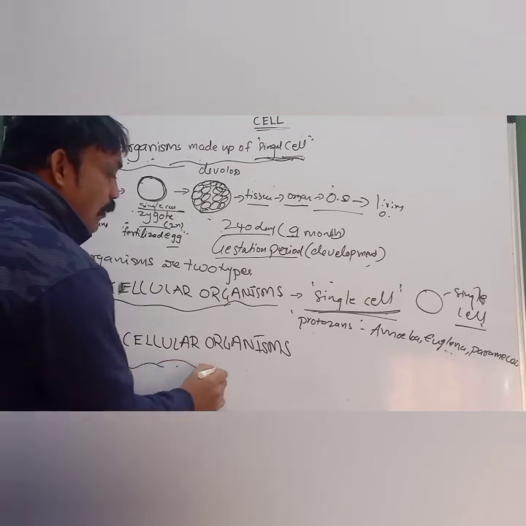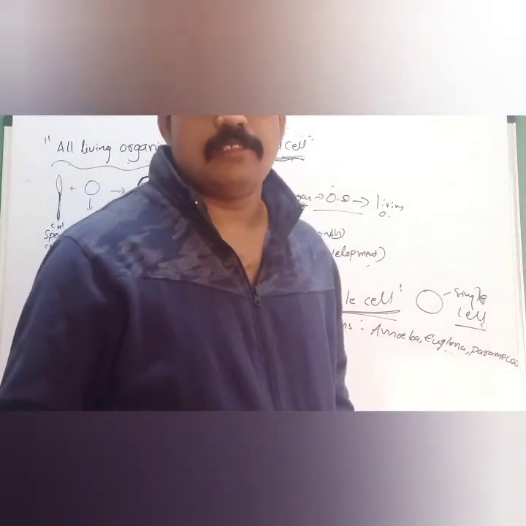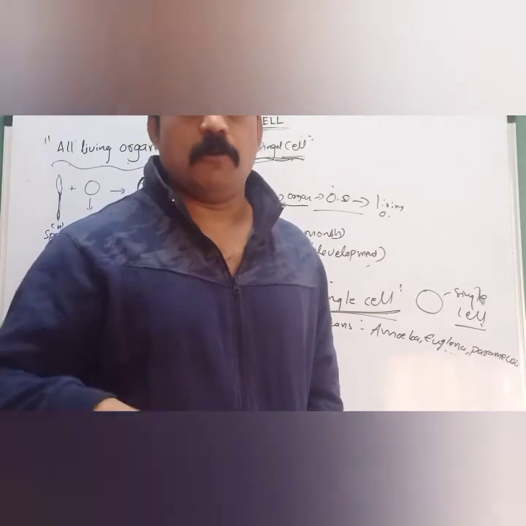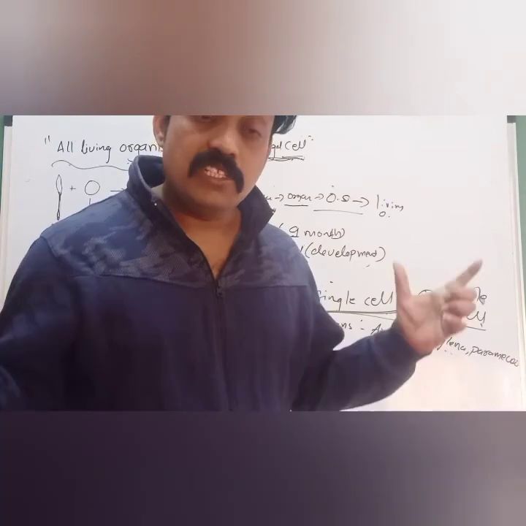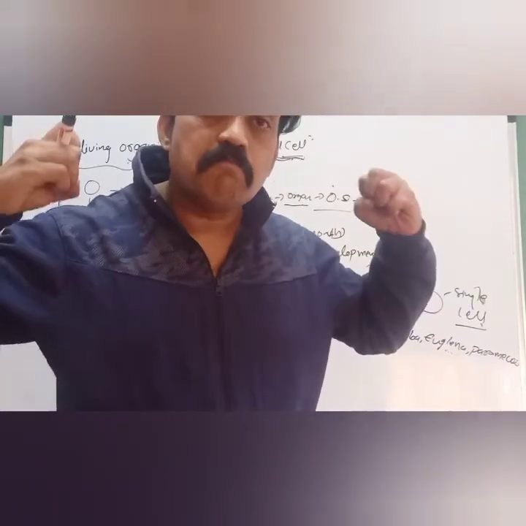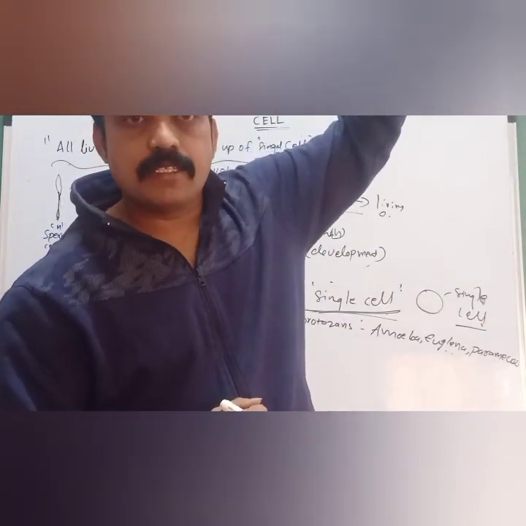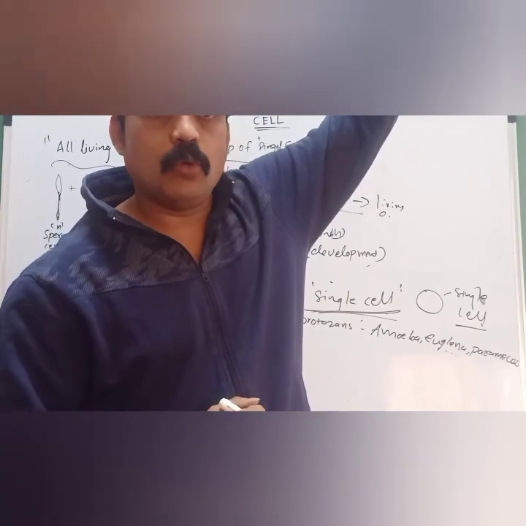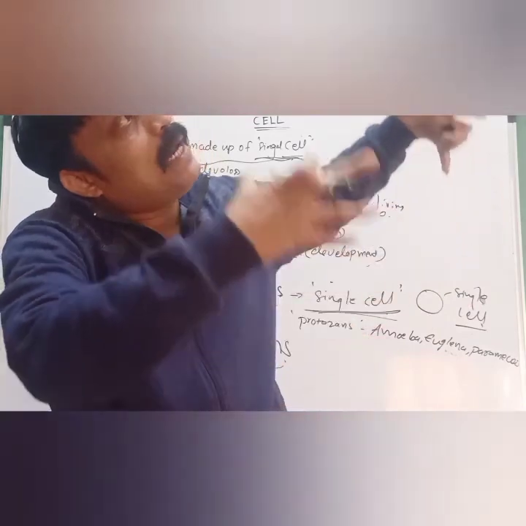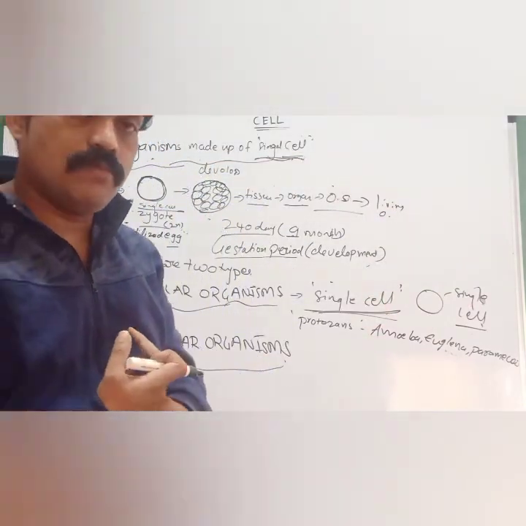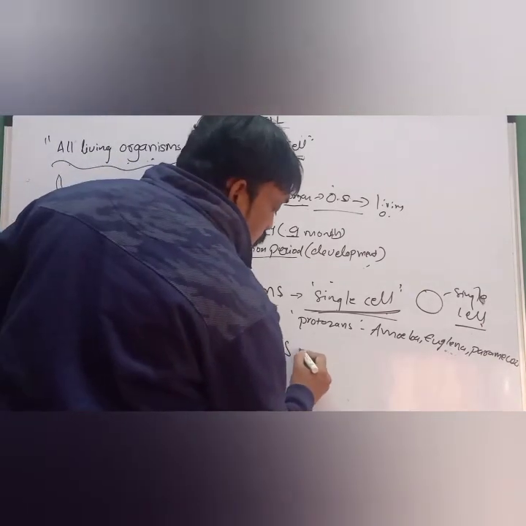Now, multicellular organisms. The body is made up of millions of cells. For example, in our body, different types of systems are there. These systems are made up of groups of billions of cells. Plants, some trees, are very tall, and the total plant body is made up of billions of cells.